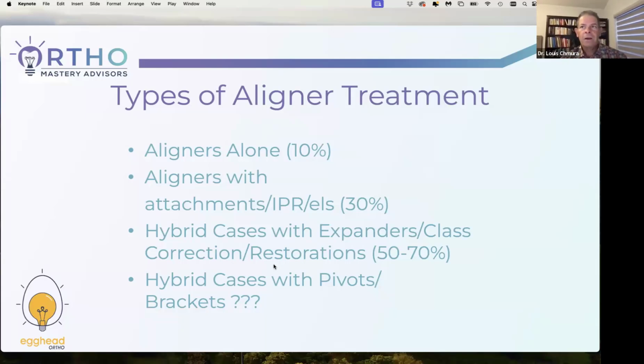Or in many general dental offices, they may use aligners to put the teeth where they want them, knowing that the teeth aren't the right shape or the right color or whatever, and then restore them afterwards. And then you jump up to pretty much most of the cases. There are a handful that are surgical or really complicated. And honestly, I don't think you need to do that to be profitable.